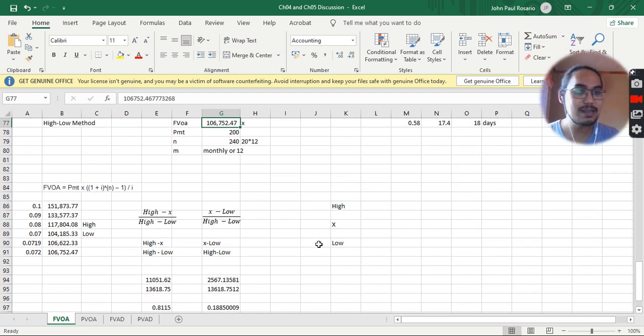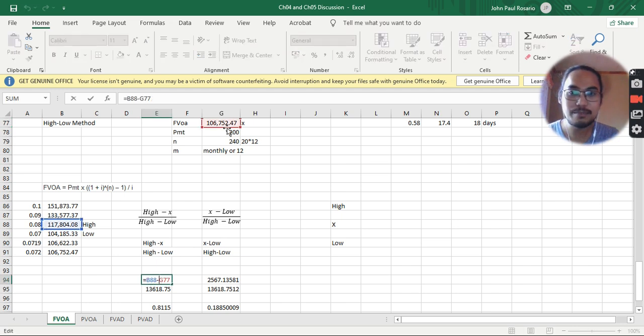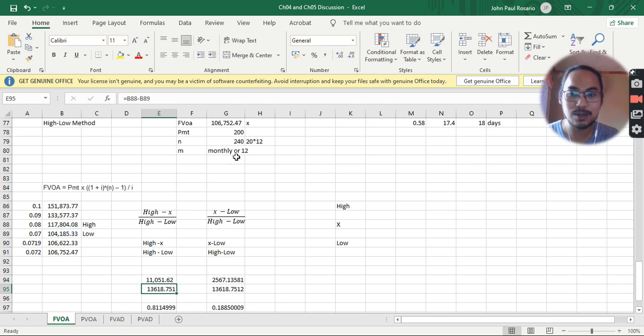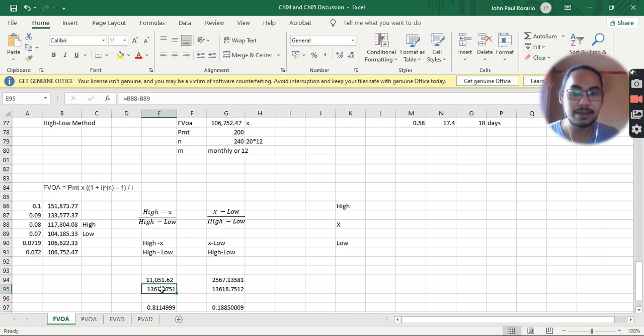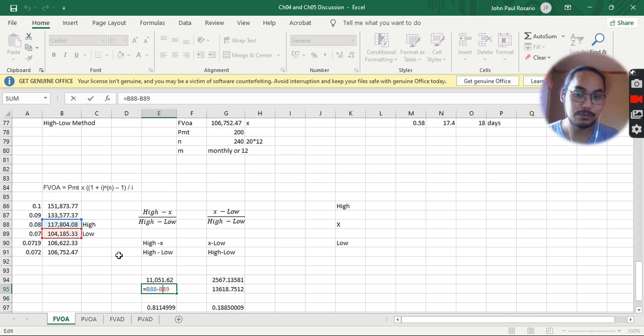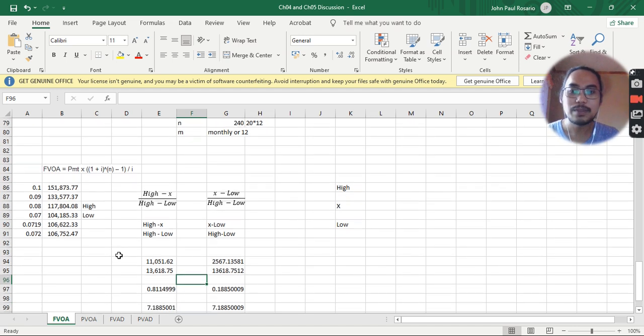So our high minus x would be 117 minus the 106, and then the high minus low would be 117 minus 104. And then you divide these two. So that's 11 divided by 13. So you'll get 0.81. Sir, what do I do with the 0.81?